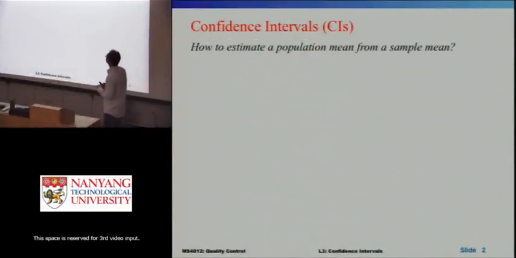So first look at the confidence interval. We didn't go through the whole population; we only draw a small sample, and we want to know the properties of the population from this small sample. So the question is how to estimate a population mean from a sample mean.